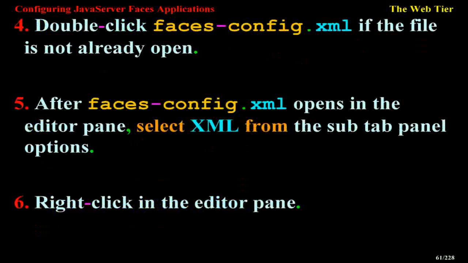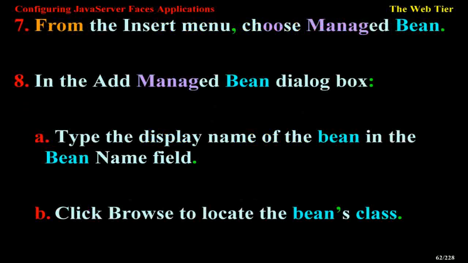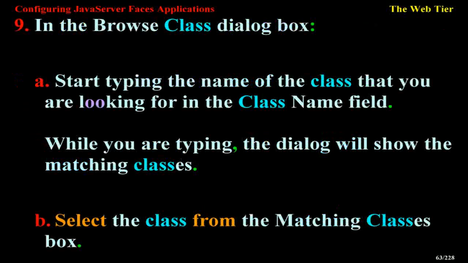Double-click faces-config.xml if the file is not already open. After faces-config.xml opens in the editor pane, select XML from the sub-tab panel options. Right-click in the editor pane. From the Insert menu, choose Managed Bean. In the Add Managed Bean dialog box, type the display name of the bean in the Bean Name field. Click Browse to locate the bean's class. In the Browse Class dialog box, start typing the name of the class that you are looking for in the Class Name field.